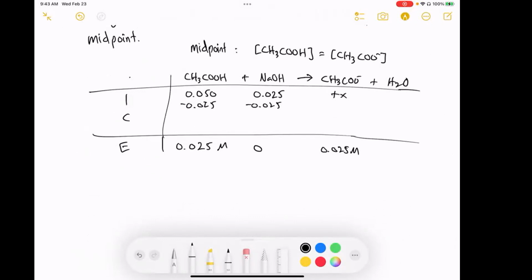At the midpoint, it's competing, I would suppose. Dissociating equilibrium. Huh, interesting.